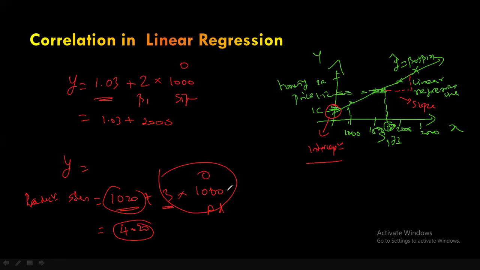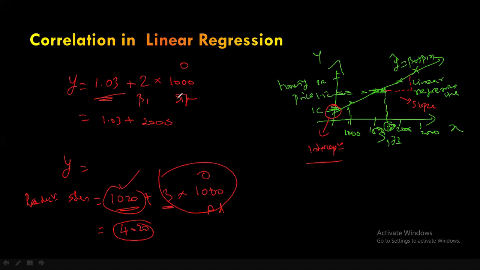Customers will still go and buy from your shop, because let's say your shop is in a prime area of the street. Obviously the customers will come and buy it, but if you give advertisement, it will increase your sales. In this case your intercept is helpful. Even if you don't give any advertisement, the predicted average sales is 1020.